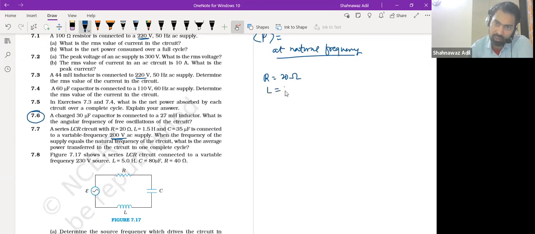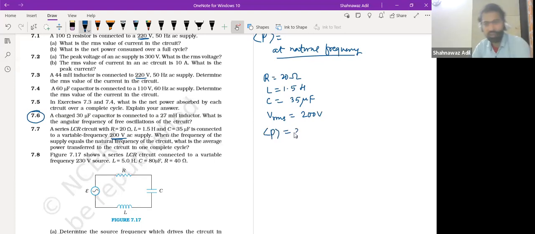L is 1.5 Henry, C is 30... this is 35 microfarad. And VRMS is 200 volt. And yeah, these are the things we have to calculate. PF. Yes, did you get the answer or any doubt, any confusion that you have?